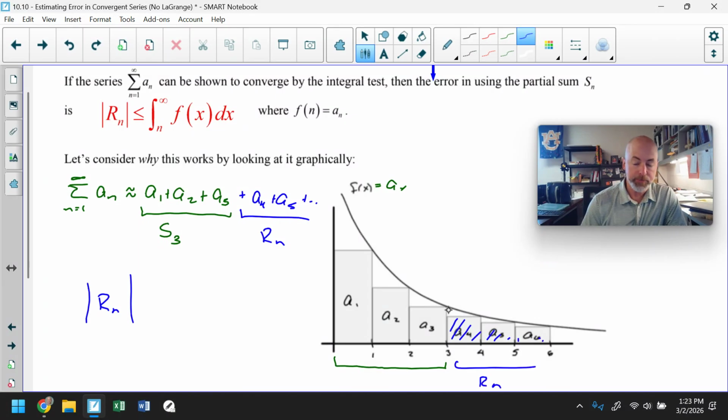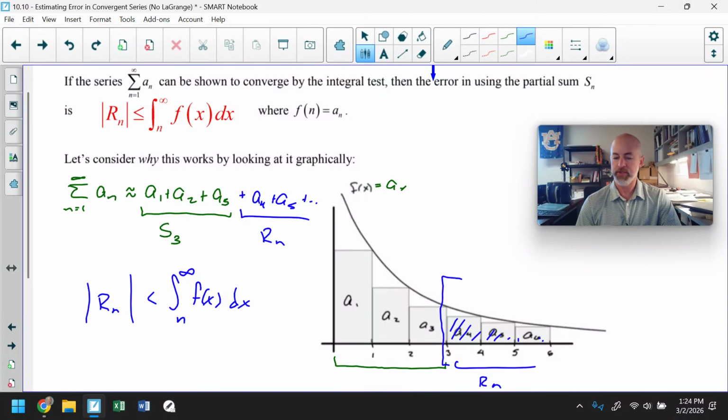It's easy to see that the areas of those rectangles, if I add them all up, are less than the actual area under the curve. We have a decreasing function with right-hand Riemann sums. Therefore, that remainder is always going to be less than the improper integral from n to infinity of f of x dx. So that's a very brief overview of the area and Riemann sums for why this inequality works.